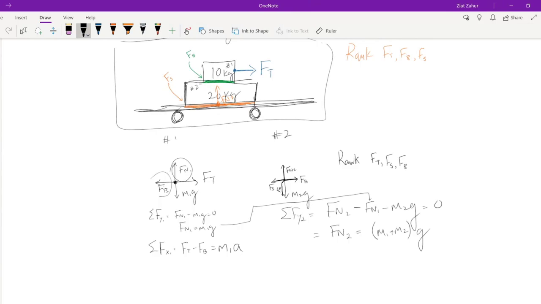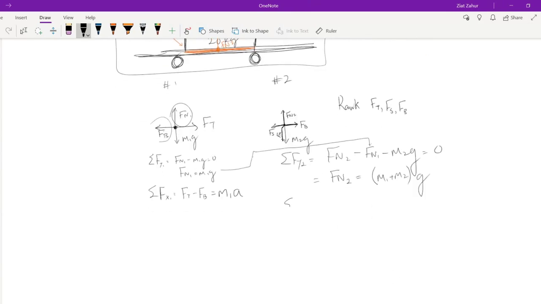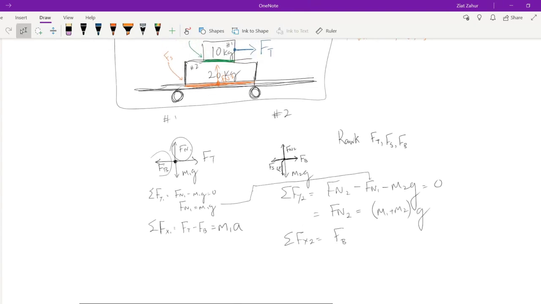Substitute and isolate. In the x-axis, sigma Fx2, we have the friction force Fb, minus the other friction force, Fs.